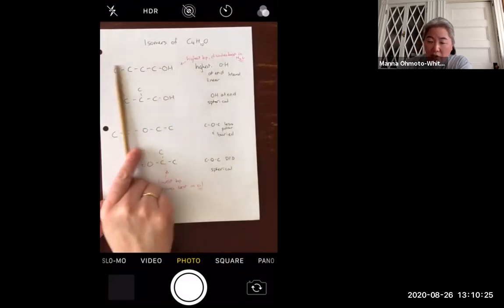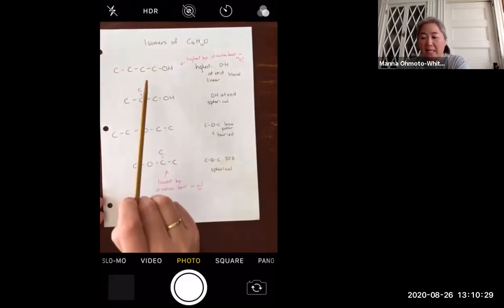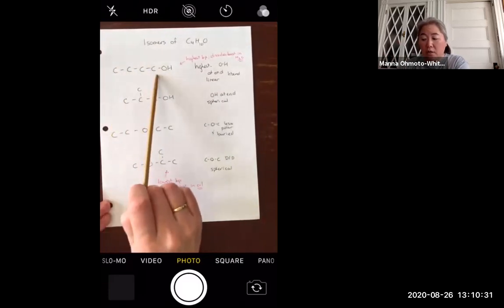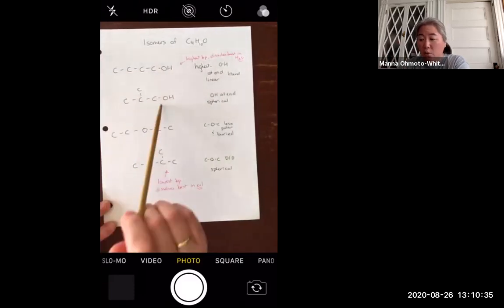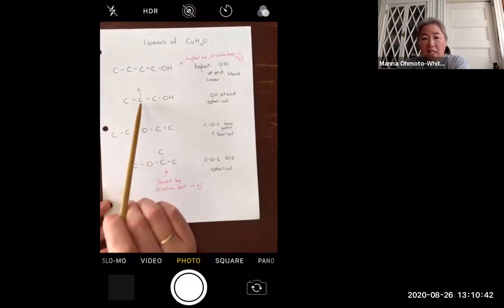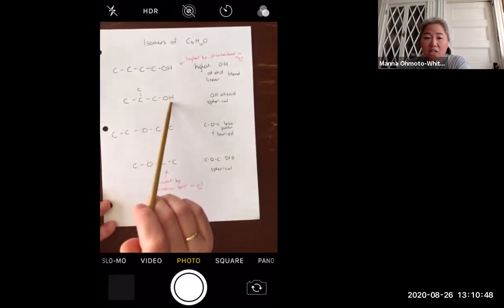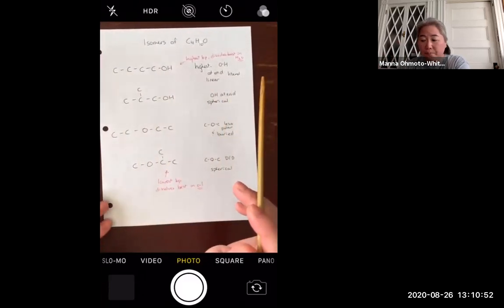Plus this end of the carbon, even though it's nonpolar, I'm concentrating a large amount of the nonpolar mass here. If I compare this with the same OH at the end, but this is more spherical right here, the way the carbons are attached, this is going to have a slightly less strong force of attraction because it's harder for these OH ends to interact with other OH ends from other molecules.